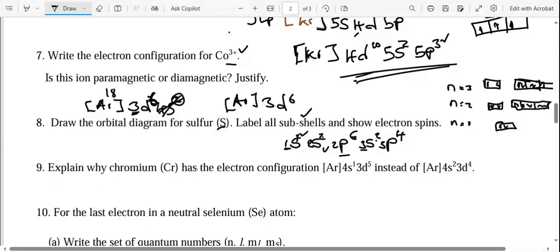Okay, explain why chromium has this electron configuration instead of the expected one. Remember, there's a reason why it is having this electron configuration. It is due to the stability of the half-filled d subshell. You see, the electron initially was having these 2 in the 4s, but it has given one there so the d has 5 at this point.